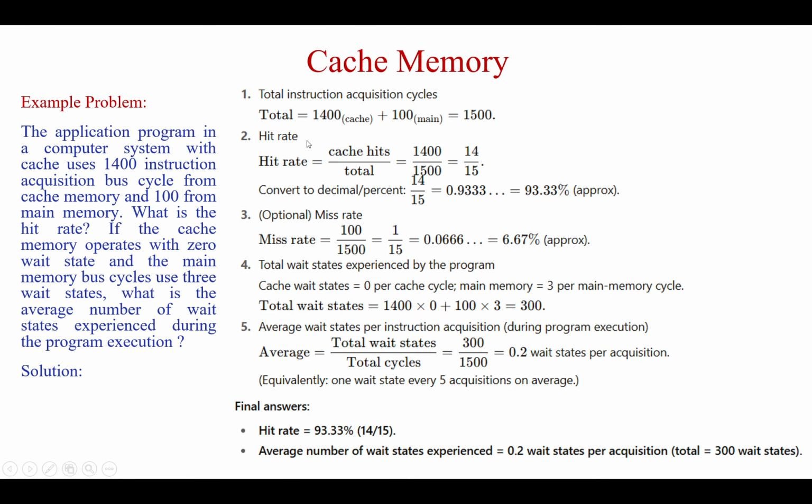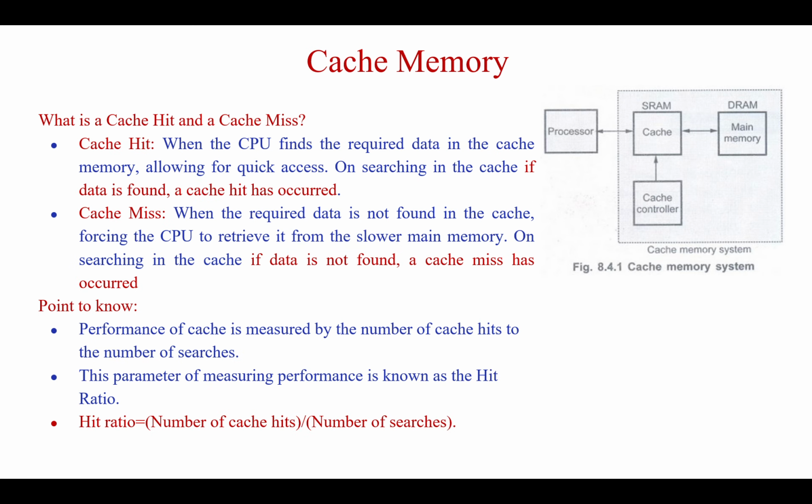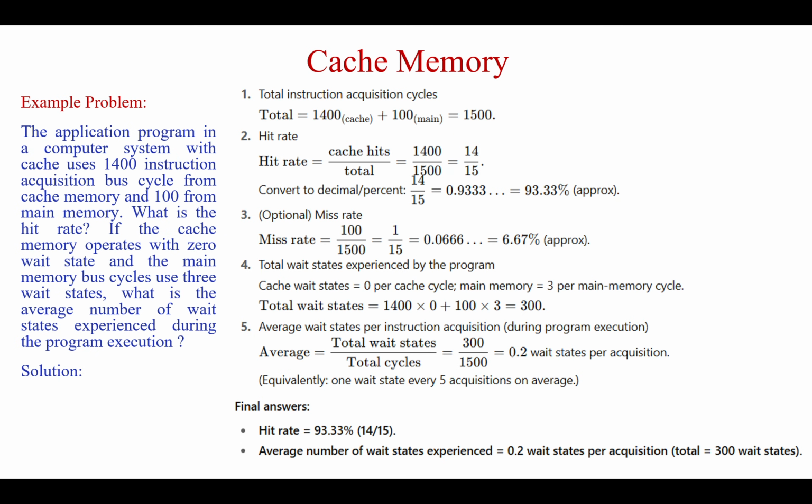So what will be the hit rate? As I told you in the previous slide, hit rate is out of the total number of searches, the successful hits, the cache hits. How many cache hits do we have here? 1400. How many searches in total? 1500. So you will get approximately 93.33.